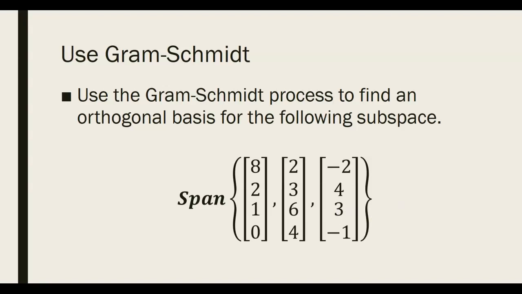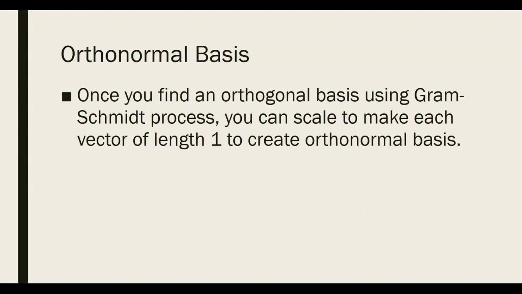So that's how you create an orthogonal basis for any subspace using the Gram-Schmidt process. We start with a generating set like this one, and then do our projections. Now, one thing that sometimes people like to do is they like to create orthonormal bases.